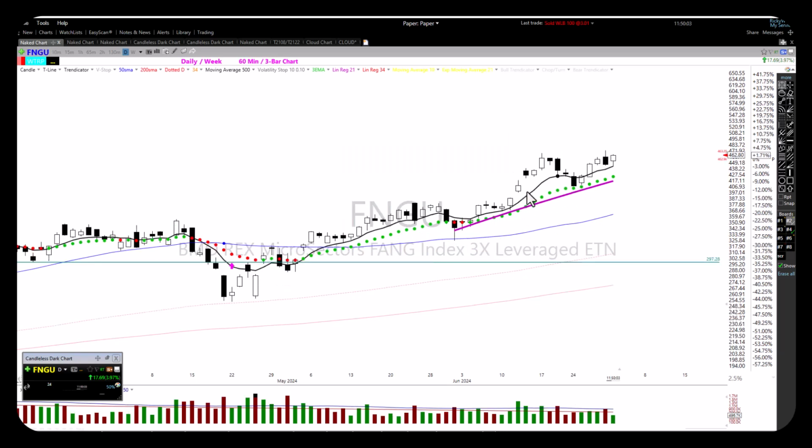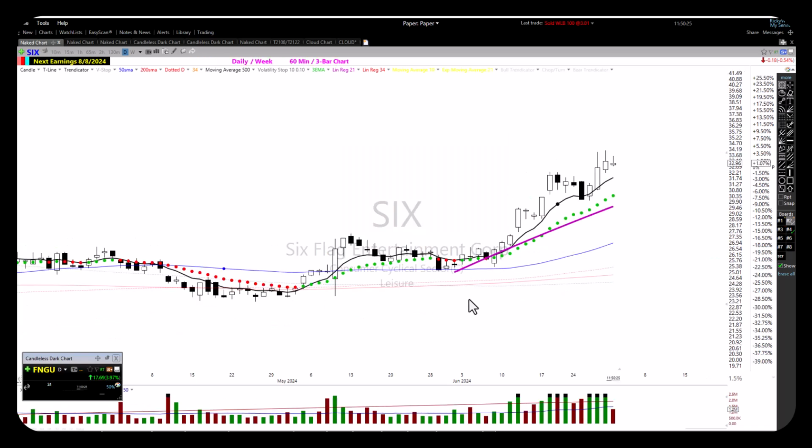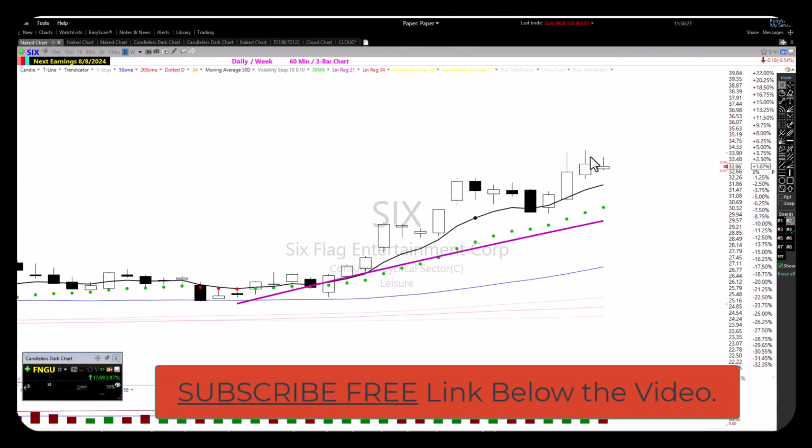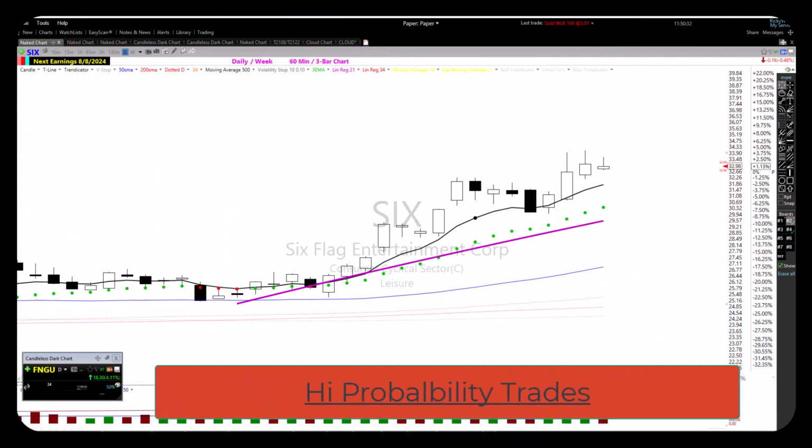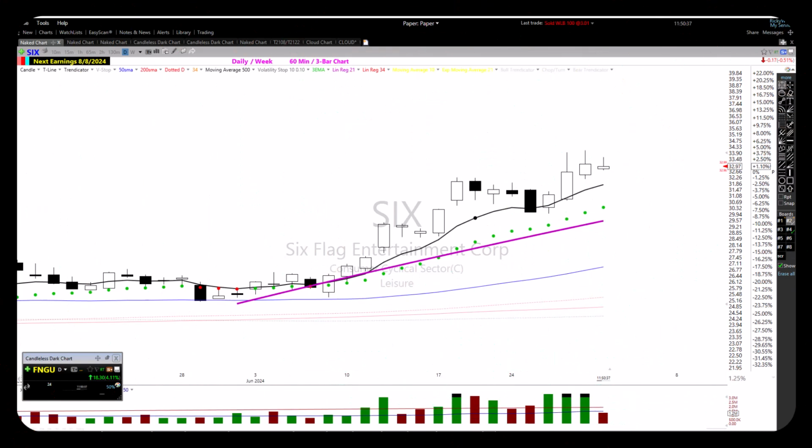Maybe we can look at, say, this FNGU chart. Is that something you like right there? Nice trending chart, 3/8 trap right in there. You like the way that looks? Another one might be, we'll take a look at SIX. Very similar, trending, pull back into that 3/8 trap. Those kind of charts. Yes.